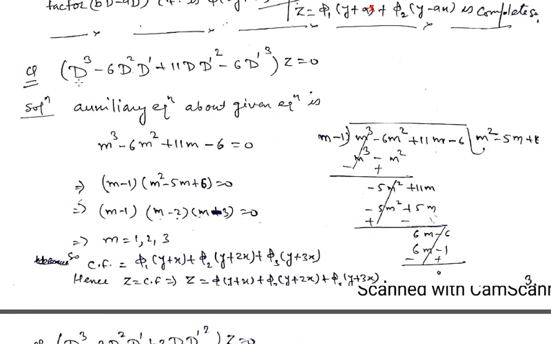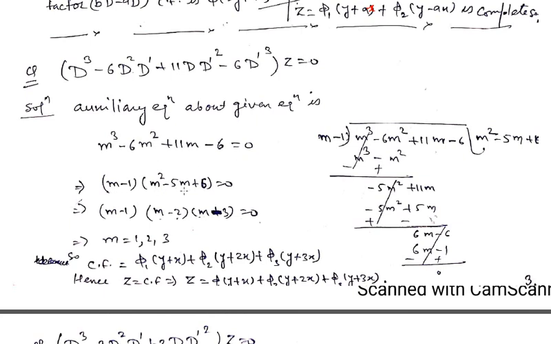So it becomes m³ − 6m² + 11m − 6 = 0. Now this is an equation of third degree. It has 3 roots. First we test m = 1. So m = 1 satisfies this equation, so m − 1 must be a factor of this equation.